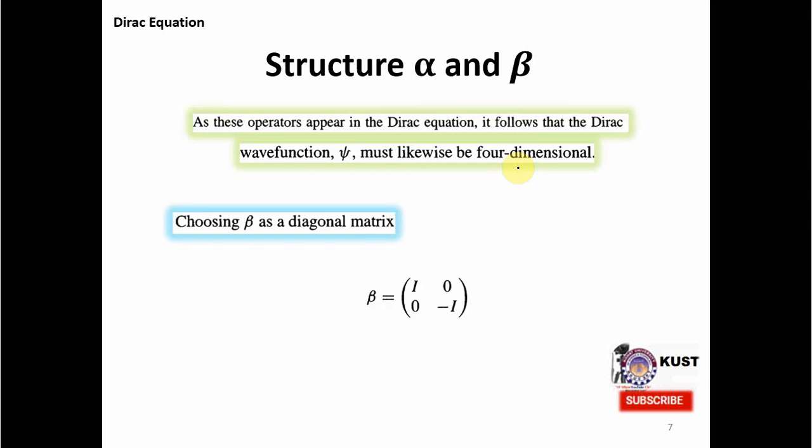So choosing beta as a diagonal matrix, for example, where I is a 2 by 2 identity matrix, beta becomes a four-dimensional diagonal matrix.